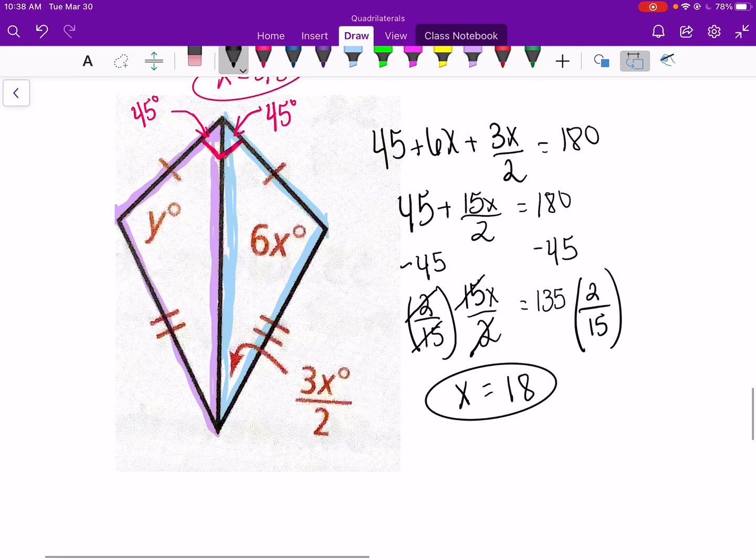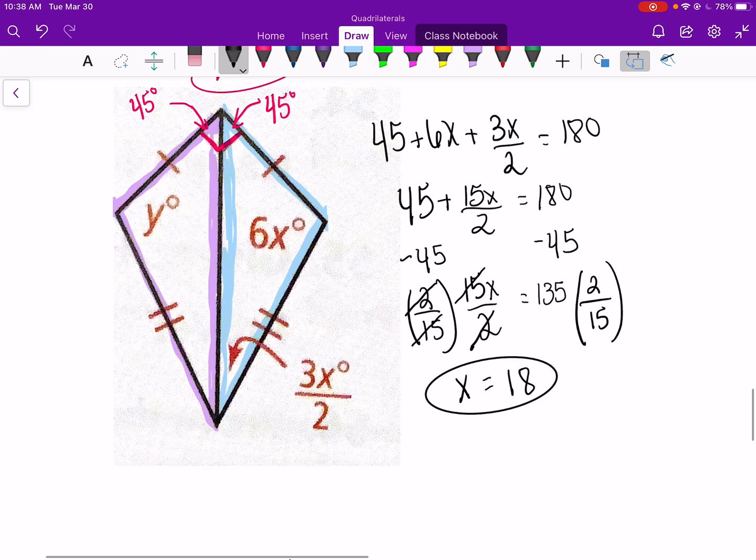And now we need to think about how this will help us find y. Well, y is this angle right here. And I know that it is congruent to this angle because they are corresponding parts of our congruent triangles.